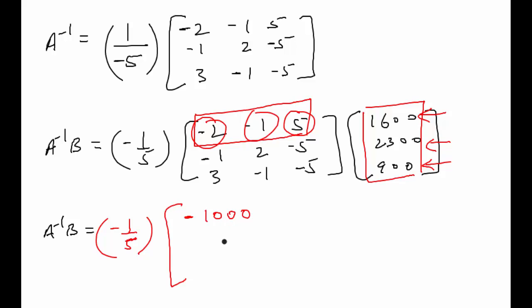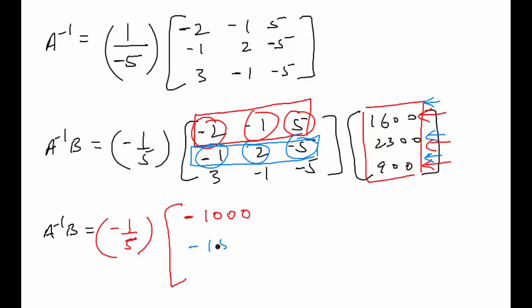Okay, now for the second element I will take the second row and multiply it with the first column. So whenever you are multiplying the second row with the first column, you will get the element of second row first column, which we actually want, right? So again, minus 1 has correspondence with 1600, 2 has correspondence with 2300, and minus 5 has correspondence with 900. So we will multiply these corresponding elements and then add those values.